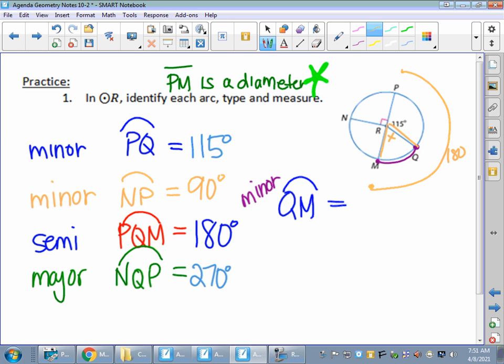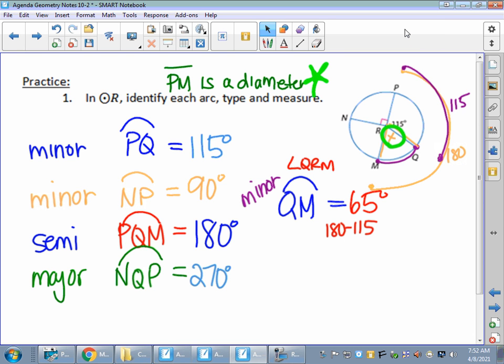And I know that this part of it from P to Q is 115 degrees. So what do I have left for that X right there? Feel like the semicircle minus the 115 is going to get us our arc QM, or our central angle, angle QRM. Remember, the arc is the same as the central angle, so what's that going to be, like 65 degrees?